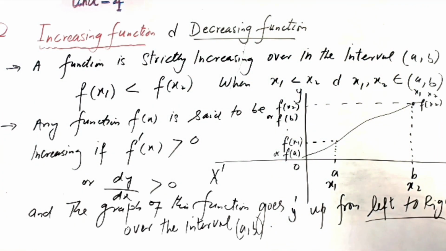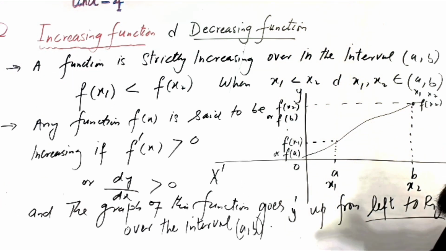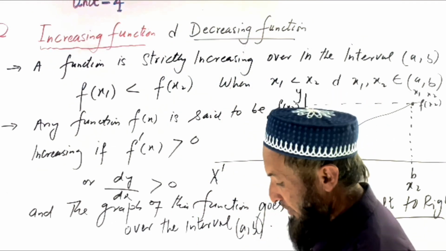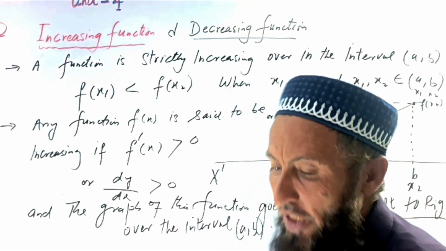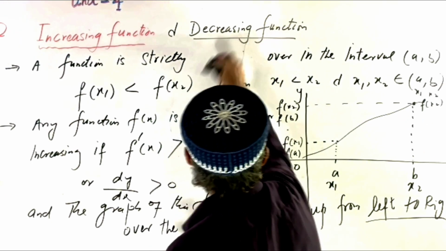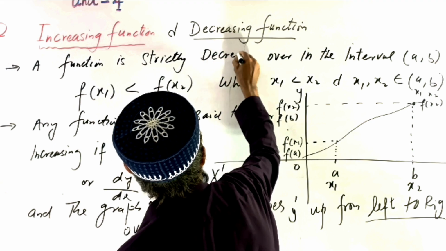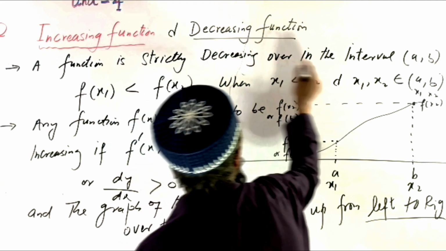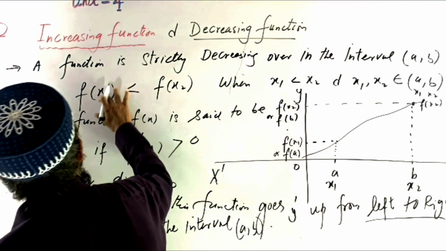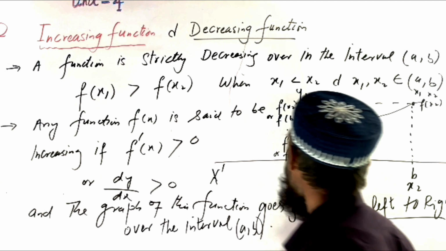Similarly, we define a decreasing function. A function is strictly decreasing over the interval [a, b] if f of x1 is greater than f of x2.